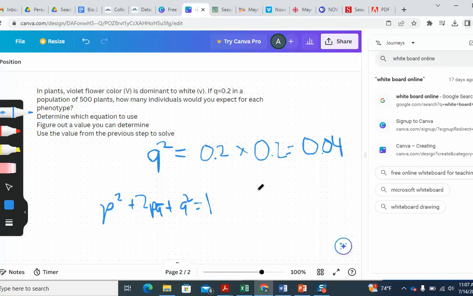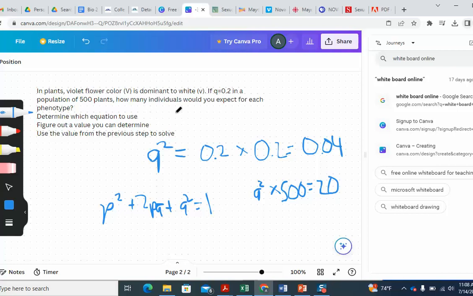So I can take Q squared, multiply it by 500, and that is going to equal 20 individuals.